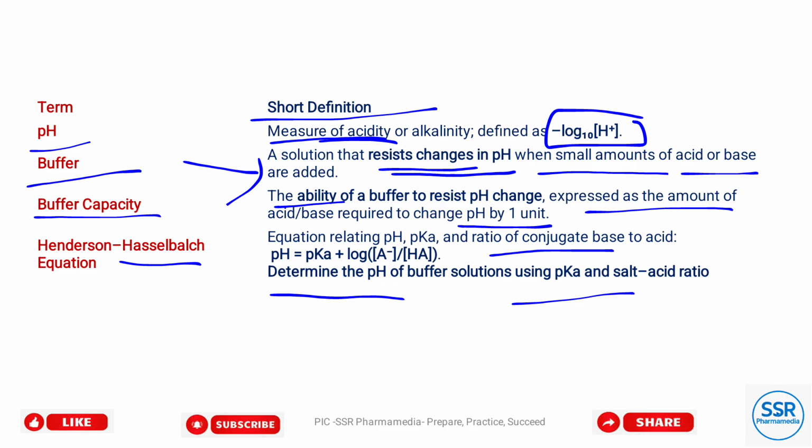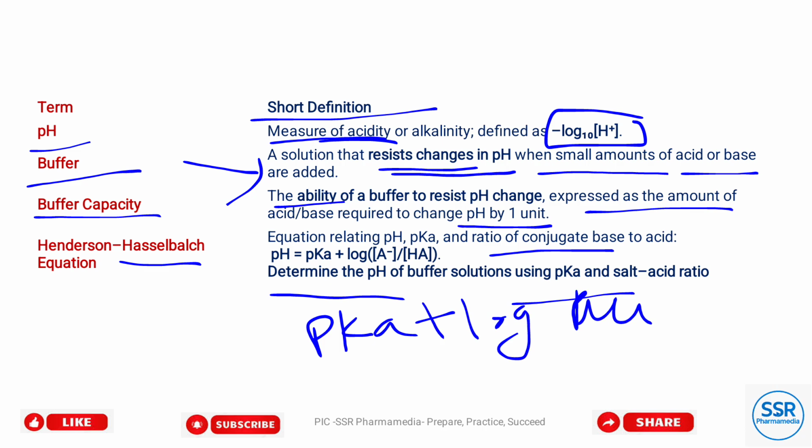So in this formula, A minus is the salt, and HA is the acid.